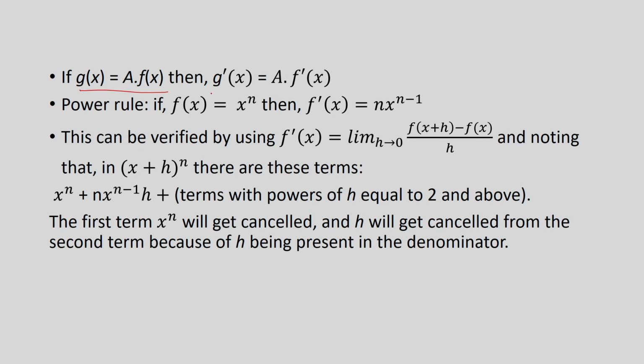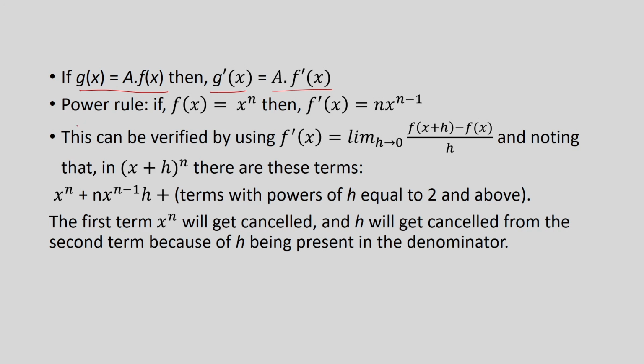Here the derivative of g(x), which we are calling g prime x, g dashed x, is equal to that same constant capital A multiplied by the derivative of f(x). The derivative of f(x) is f dashed x. So, any function multiplied by a constant, if I take that to be a new function, then the derivative of this new function is the constant multiplied by the derivative of that function.